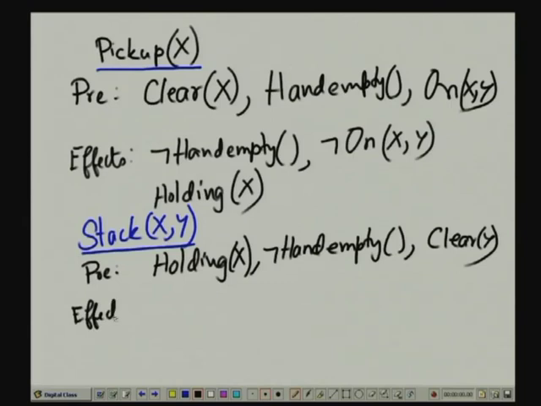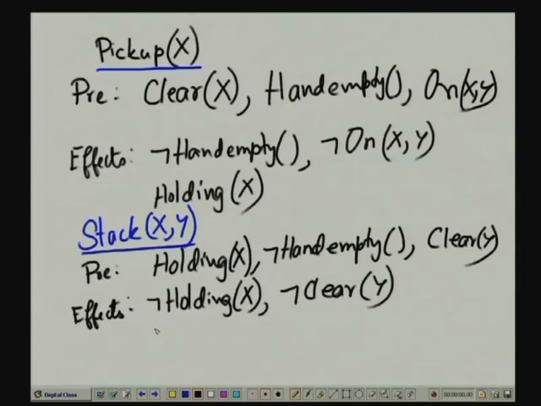The effects will be not holding X, not clear Y, hand empty, on X Y. Okay.